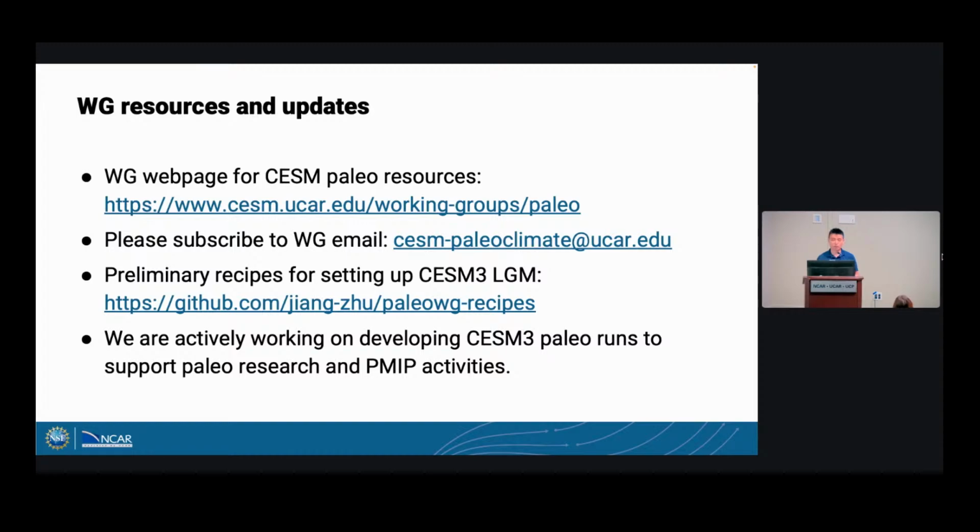If you want to test your emulator or hybrid model under this LGM out-of-sample condition, this will be very easy to do in the future with a comp set. We are also working on other time periods as well. Please talk to us if you are interested and want to learn more.